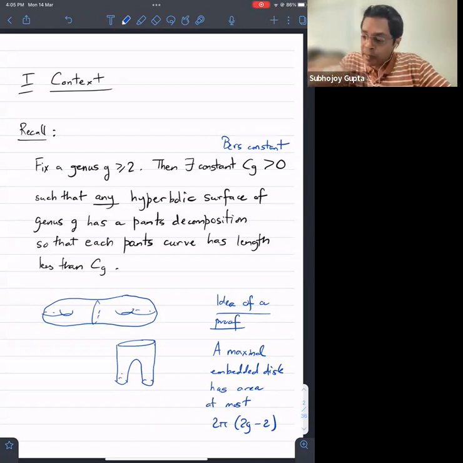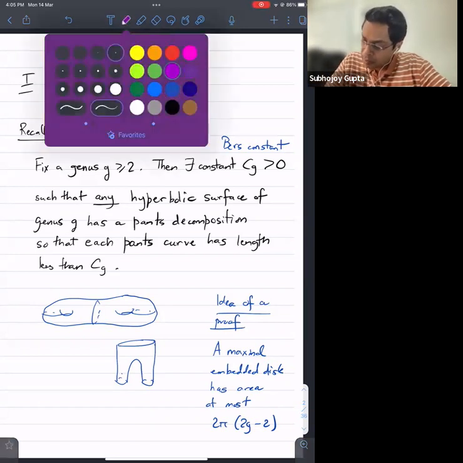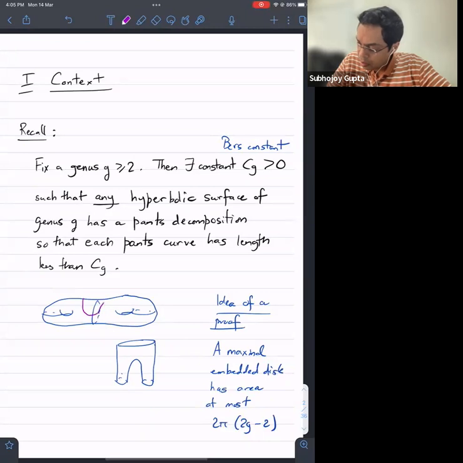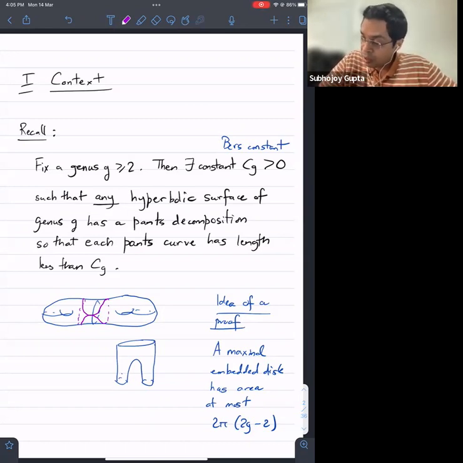Okay, and so let me try to draw such a maximal disk. It's something that maybe goes and touches itself on the boundary at some point, and its area is bounded, its radius and diameter have to be bounded above, and you see that you can construct a closed curve of that bounded length passing through that point where it touches itself.